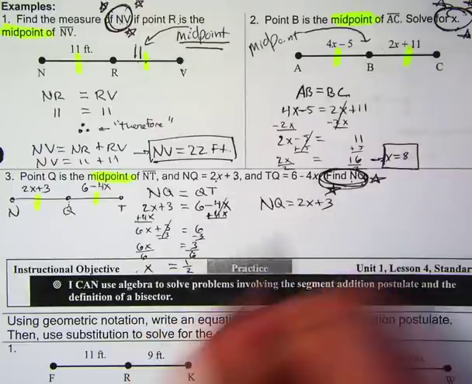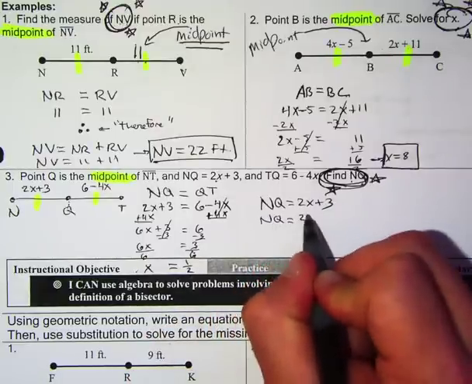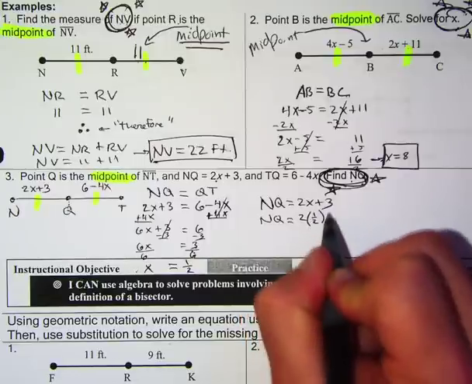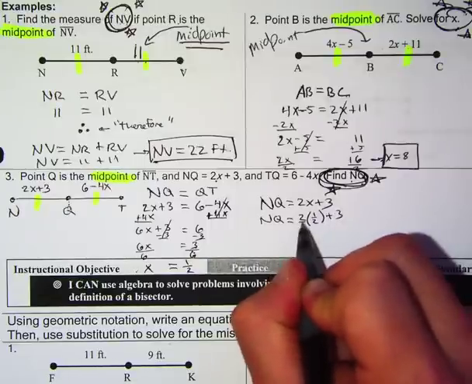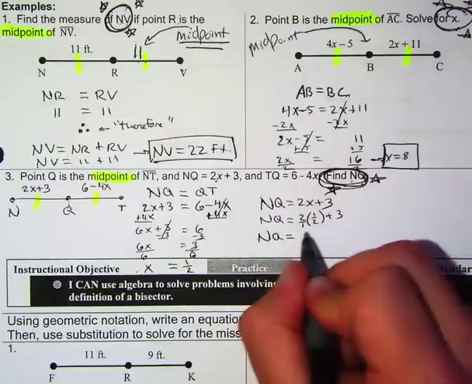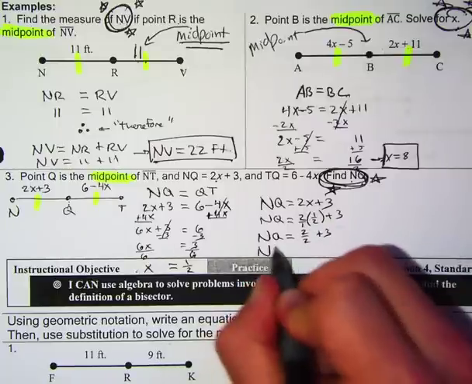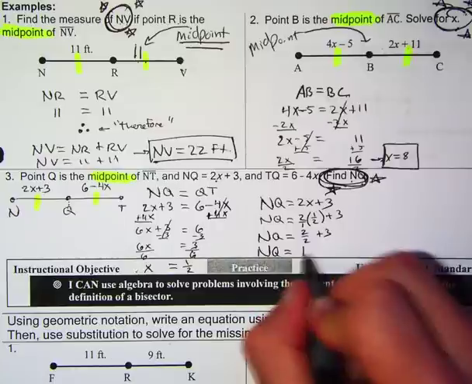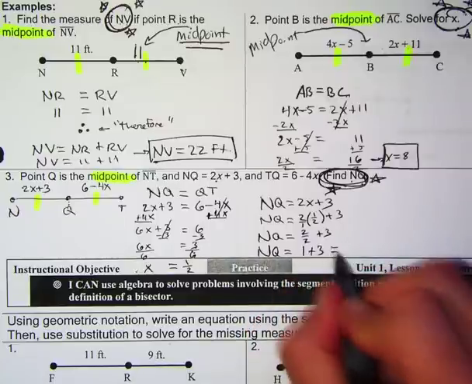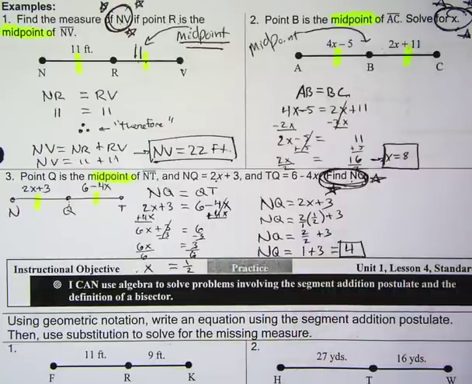So let's take what we found for x and substitute it in. 2 times 1/2. Now keep in mind that's 2 over 1, so if you multiply straight across, you get 2 over 2, which is really 1. So NQ, the distance from N to Q, is really 4. And now that's what I was really looking for.